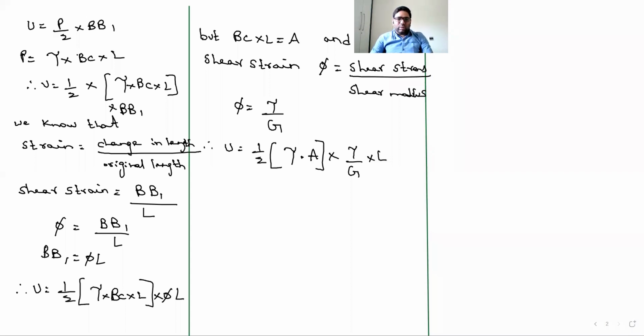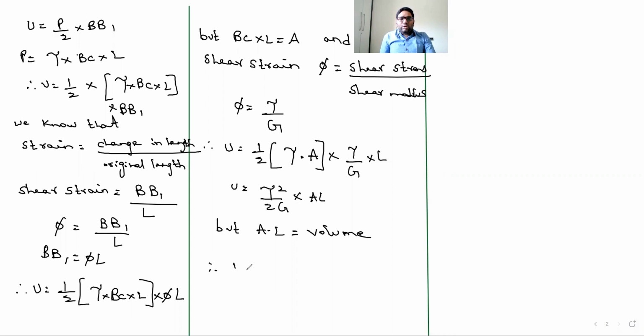Now U is equal to tau square by 2G into AL. But A into L is equal to volume. Area into length is equal to volume. Therefore, U is equal to tau square by 2G into volume.